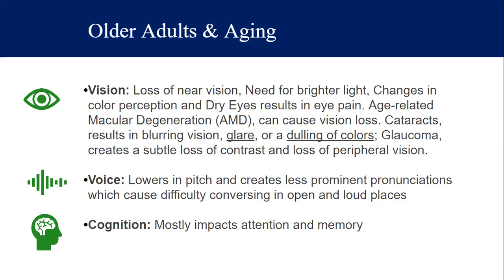So these are really important to understand when we're thinking about designing spaces, whether it's in housing or out in parks. Thinking about lighting, for example, for older aging eyes is really important. So voice can change, and cognition can definitely impact attention and memory.